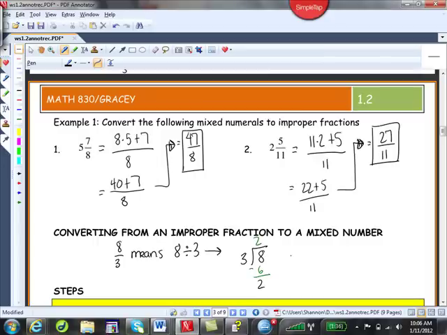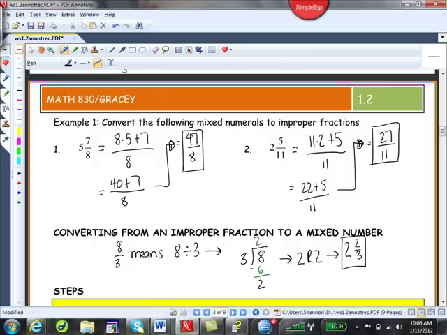So this is 2 remainder 2, which is 2 2/3. And you know what? Let me put this 2 so it doesn't look like it's in that denominator.